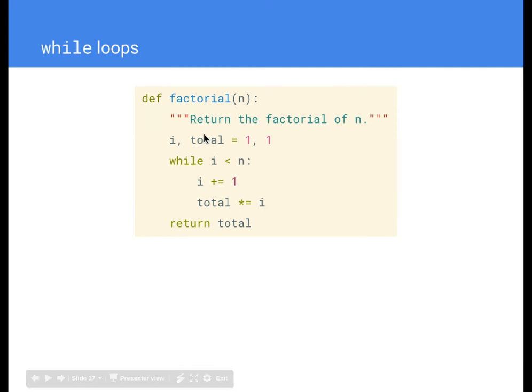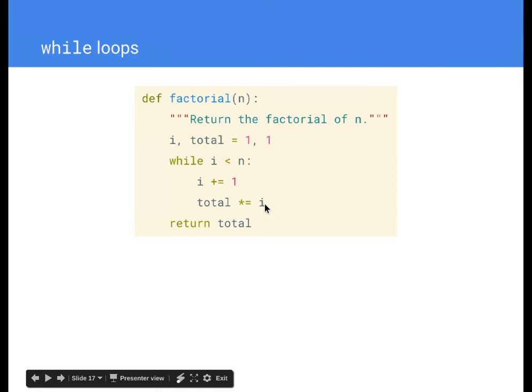What the while loop tells us is while I'm not done yet, essentially while my i is less than n, while I still have more work to do, I'll increment i. i plus equals 1 is just like i equals i plus 1. So I'm going to add 1 to i. And then I'm going to take the product of total and i, and reassign that to total.